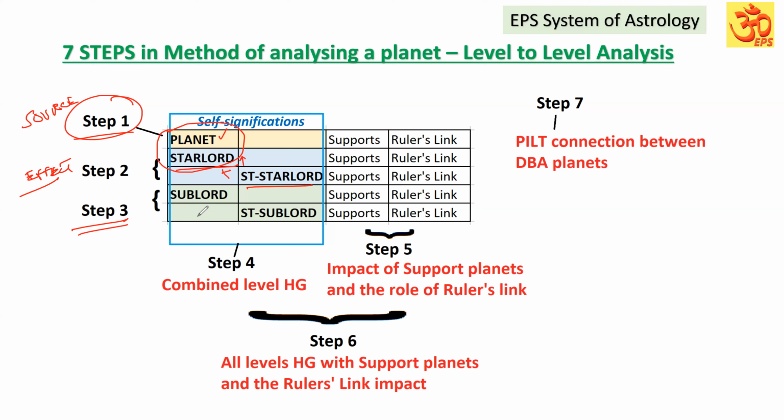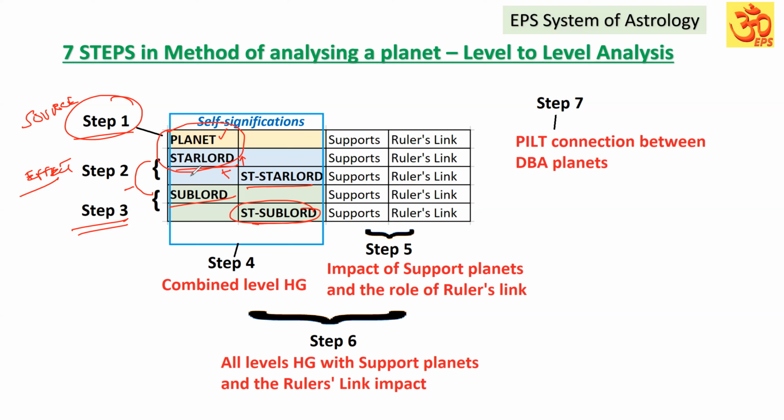Next is the important level called the sublord. Sublord is also a planet that will be in the star of another planet. So we have to study the sublord planet's self-signification, and whether the sublord's significations are increased or decreased by the star lord. The combined level of the star lord and sublord has to be studied.